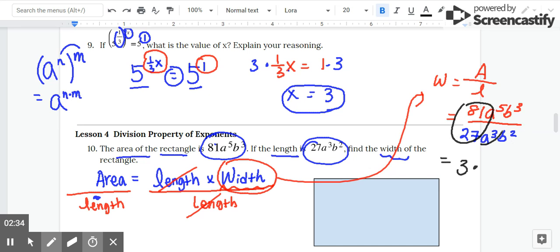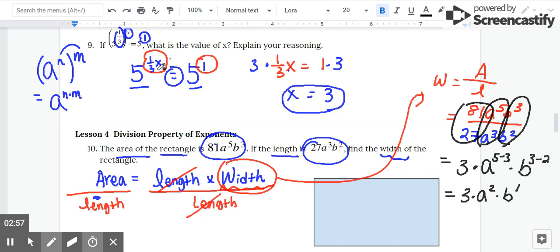And what is a to the 5th over a to the 3rd? It's a to the 5 minus 3. And b to the 3rd over b to the 2nd, so it is b to the 3 minus 2. So the answer is 3, a to the 2nd, b to the 1st power.